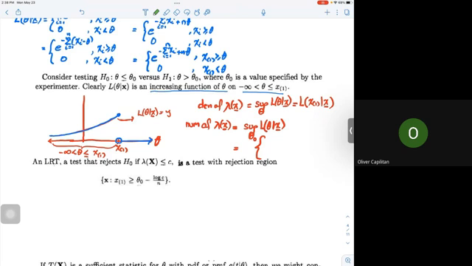So, suppose our theta sub 0 falls on this part.